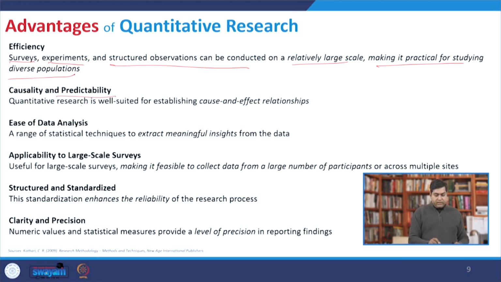Causality and predictability. Quantitative research is well suited for establishing cause and effect relationship. So this is very important, that there should be some hypothesis: okay, this is the cause and this is the effect. Say for example, if we see a phenomenon that pollution is high in most of the metropolitan cities, Delhi, Mumbai, Kolkata, etc., what are the reasons?